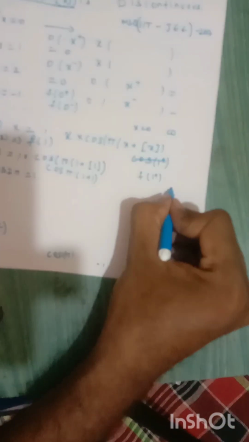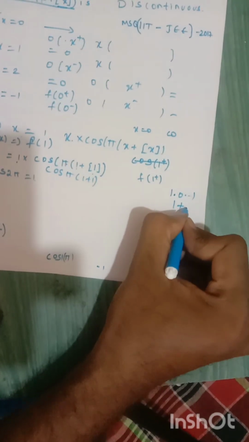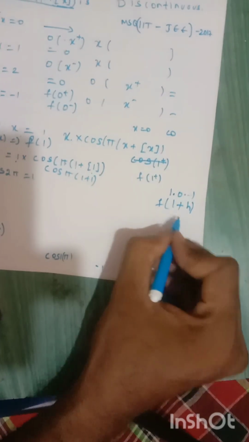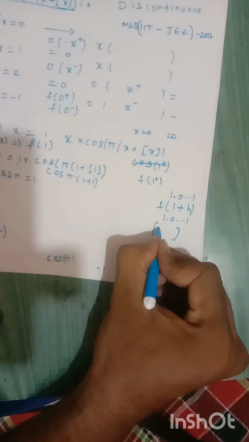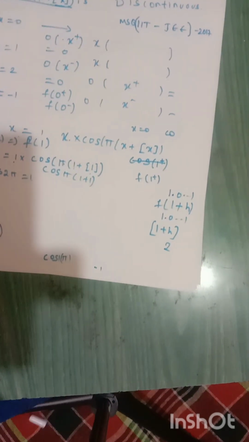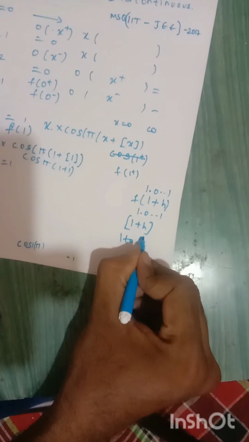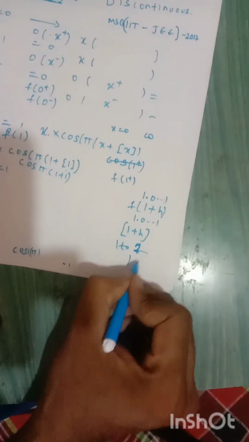Now if we calculate f(1+), 1+ will be like 1.000 something, that is 1 + h, you know this. For f(1 + h), the value will be 1.0 something, and the greatest integer function for 1 + h is 1, since the value is from 1 to 2.